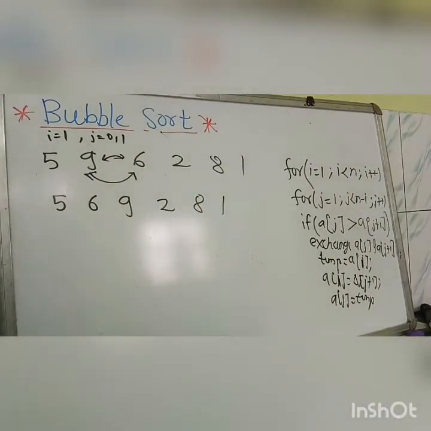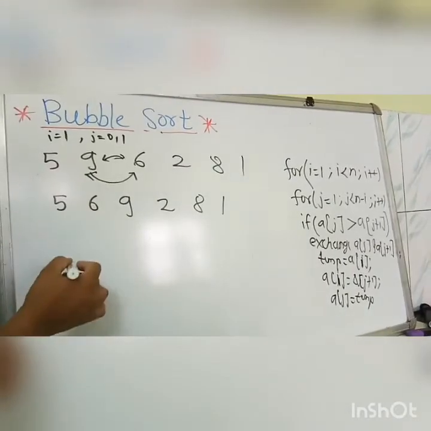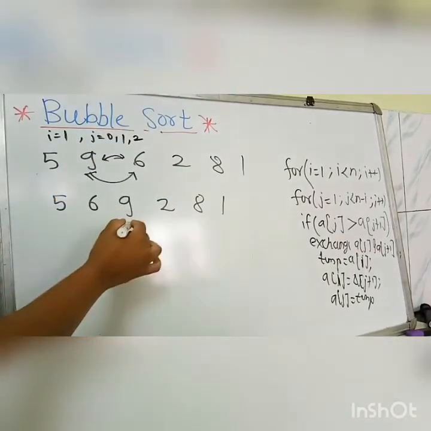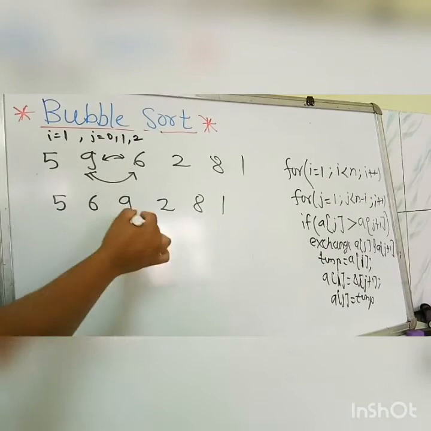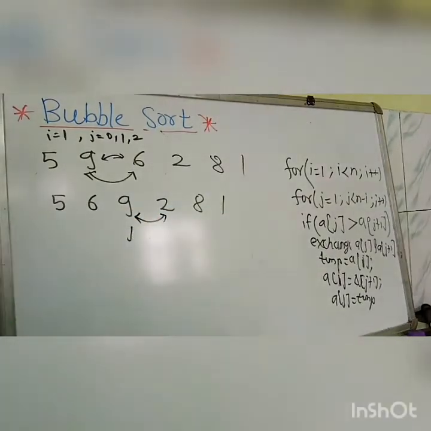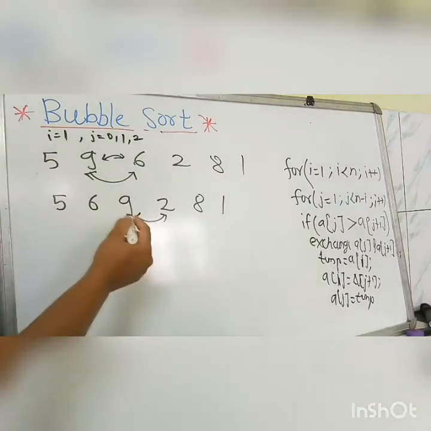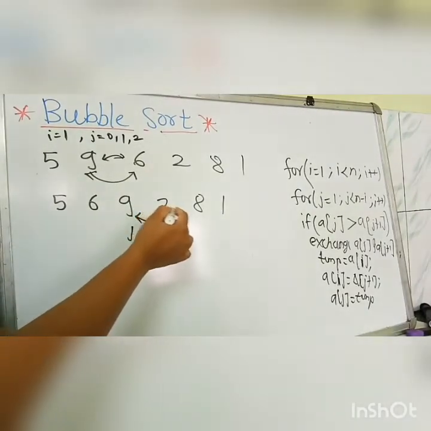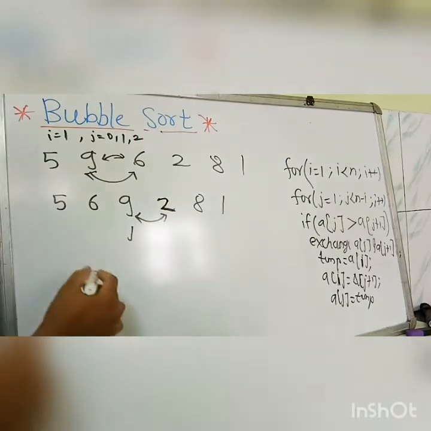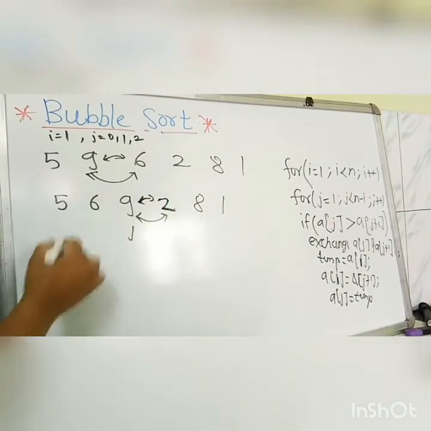Then j becomes 2. We compare these two elements. We know that 9 is greater than 2, so we swap them.